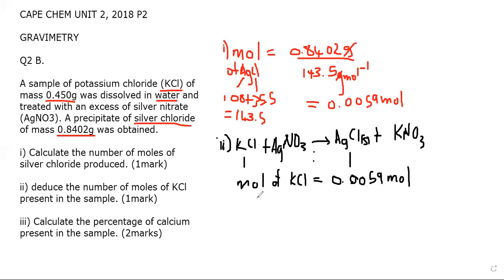And that's it. And then the final part now, it says calculate the percentage of potassium chloride in this sample. So remember, before you can calculate the percentage, you have to calculate the mass. So we know that mass is equal to mole times molar mass. So the mole is 0.0059.